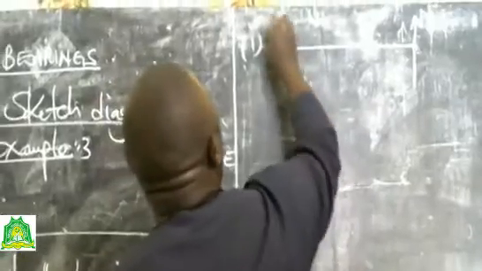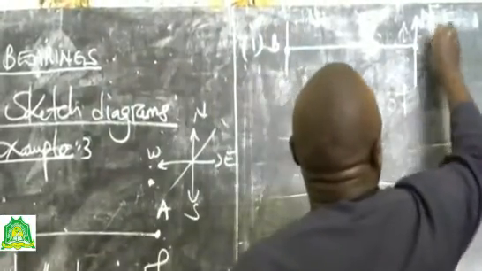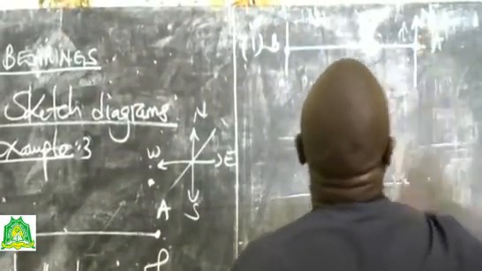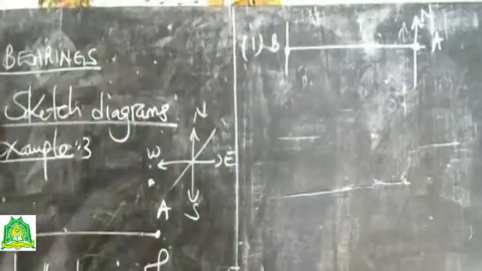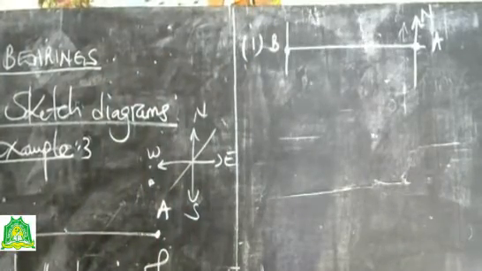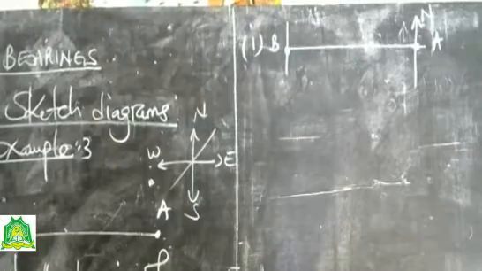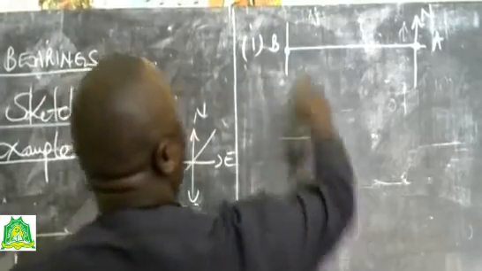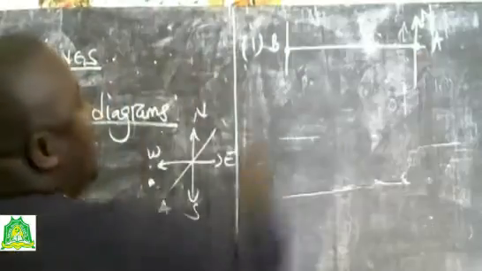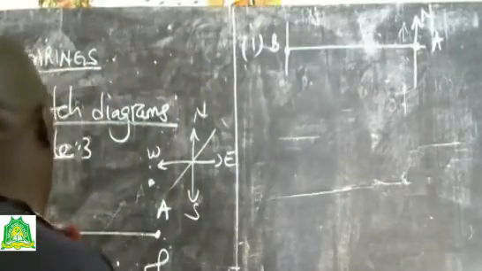Where we have this is point B and that is point A. They say bearing of A from B. From B, A is east of B. How is it clear?